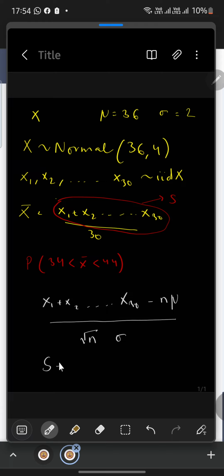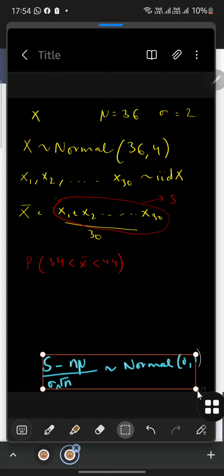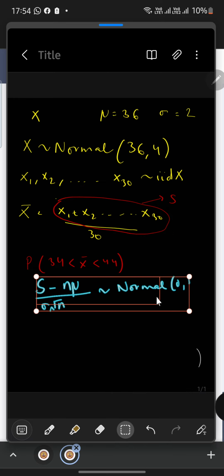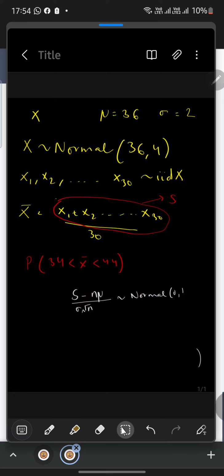So s minus n mu by sigma root n, this would be the normal 0 1, right? So let me just make things smaller.